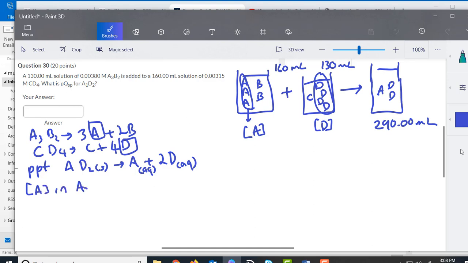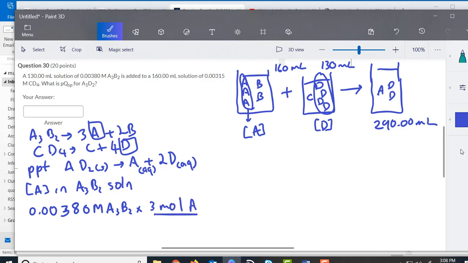Alright, so what we're going to do here is figure out the concentration of A now in the A3B2 solution. And here's how we'll go about that. We'll go 0.00380, that's the initial concentration of A3B2. And each of those will form 3 moles of A for every 1 mole of A3B2.